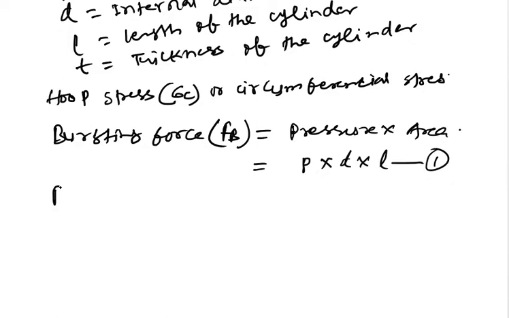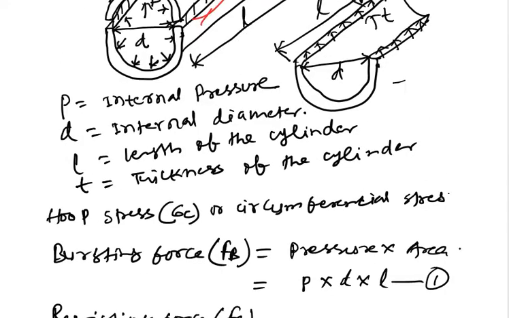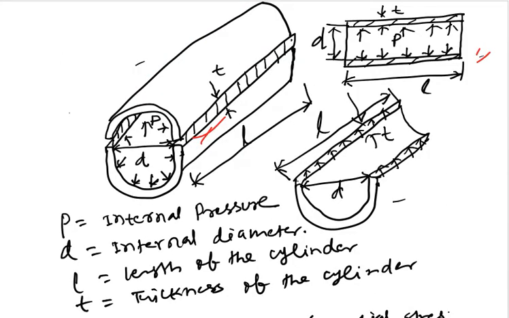Now the resisting force, F R, is equal to what? What is the resistance area? This is the resistance area that I have drawn over here. A stress will be induced, offered by the body to maintain its existence.